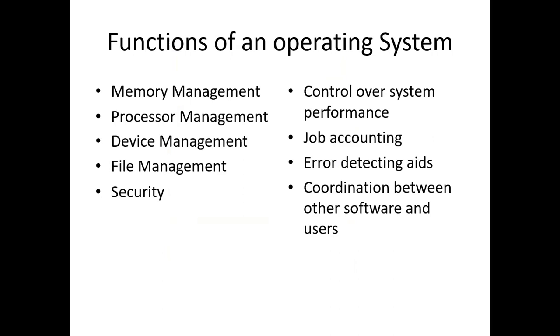It also manages processes, meaning the programs that are being executed by the CPU are called processes. And it manages devices installed on the computer. Any kind of device that you plug into the computer is managed by the operating system.